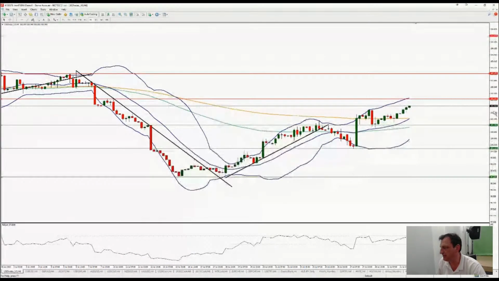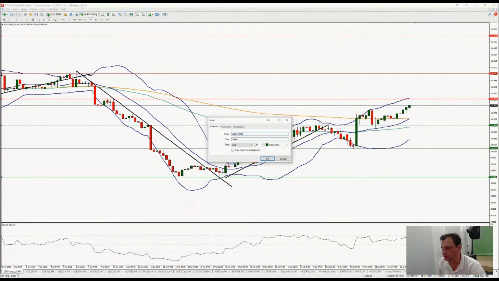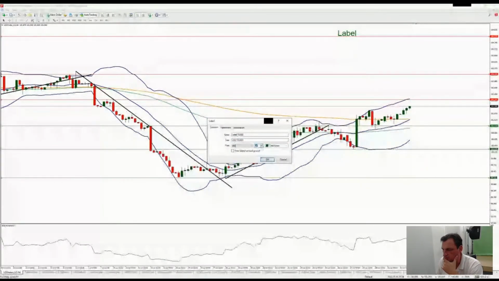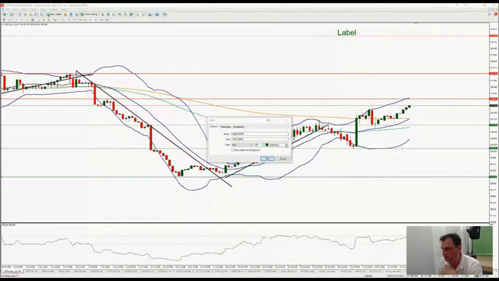Let's also add some labels here. Definitely the first label is going to be the instrument: USD index. Let's enlarge it a little bit and color it in black.